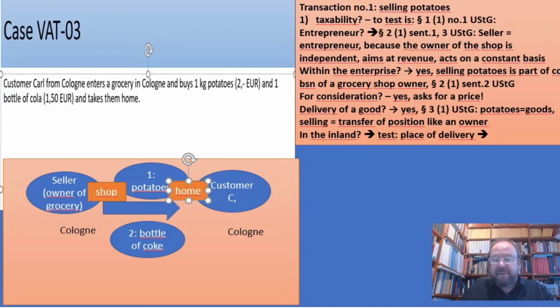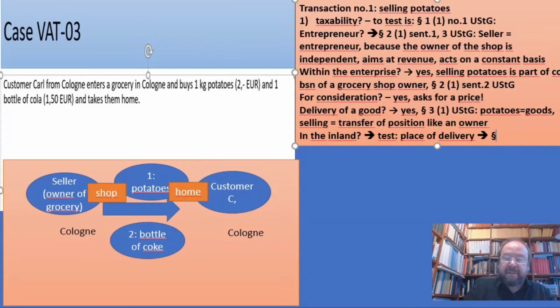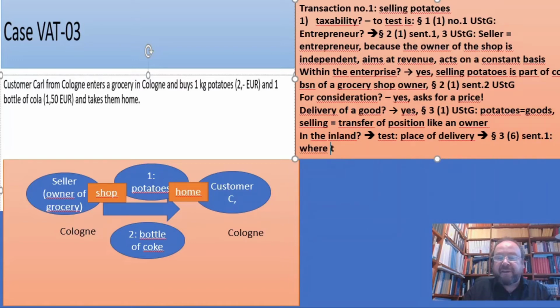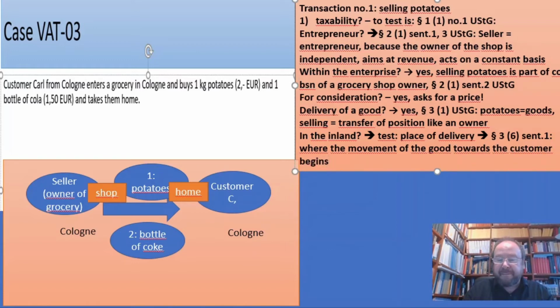We need to apply paragraph 3.6. I think it's sentence 1, and the rule should be where the movement of the good towards the customer begins, or towards or by the customer, or to the customer by the seller, whatever it is, and this should be here Cologne.